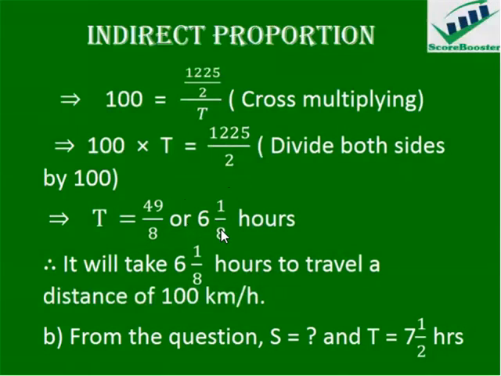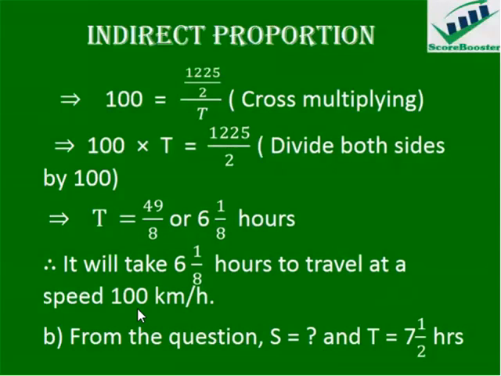Or you change it to an improper fraction, which is 6 1/8 hours. So it will take 6 1/8 hours to travel a distance at 100 km per hour. We can see that the lesser the speed, the higher the time, and that solves the first question.